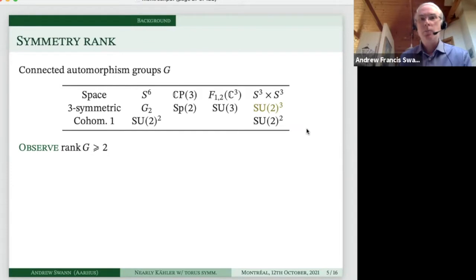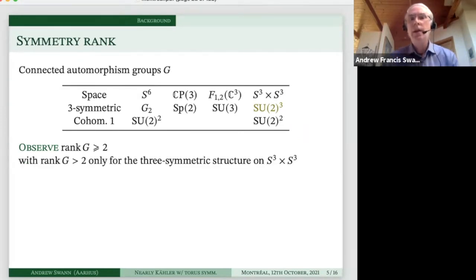So it makes sense to ask what you can say about nearly Kähler manifolds with a two-dimensional abelian symmetry group. And the only space on this list that has higher symmetry rank is the S3 cross S3 example. So they have 3 copies of SU2.